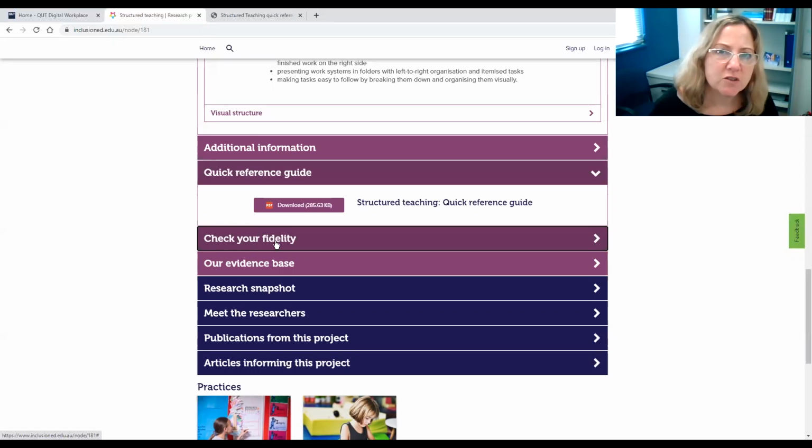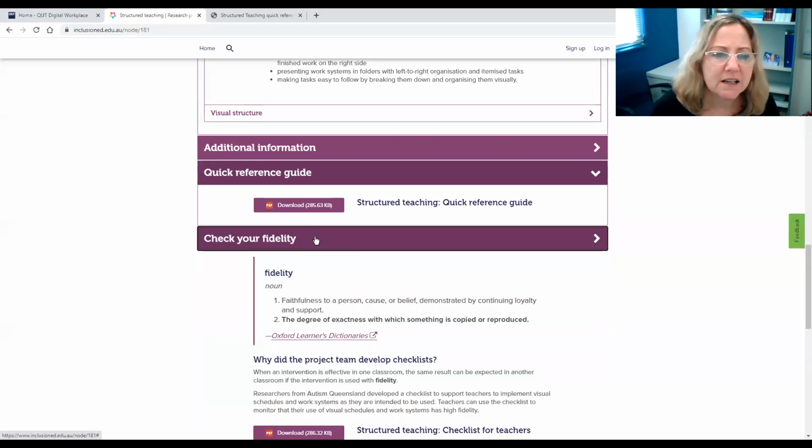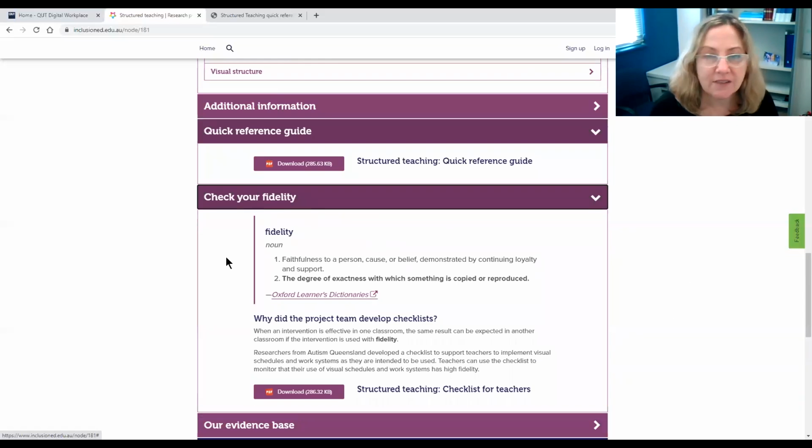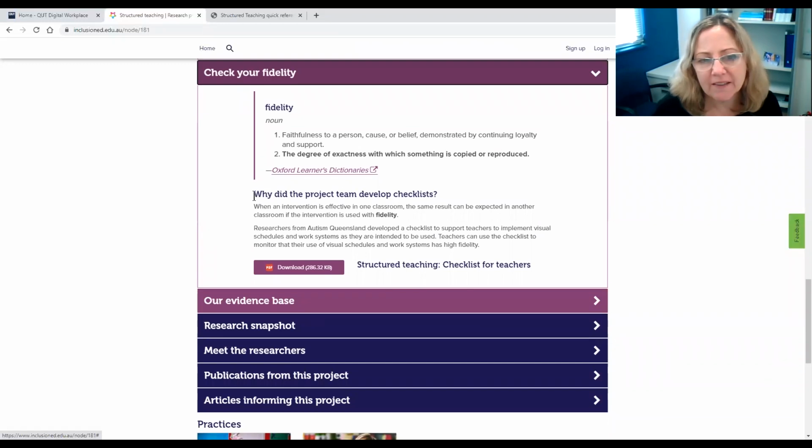Some research projects have a bar that is entitled Check Your Fidelity, and this is really determined by the purpose of the project. So in regards to this project, the structured teaching project, we have included a definition of what fidelity is and explained why the project team developed checklists.